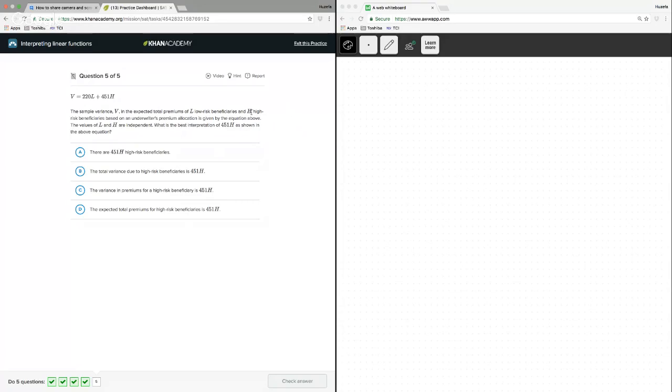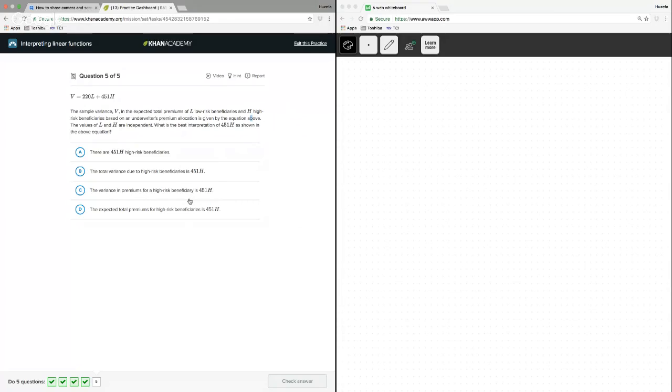The H is probably going to represent the quantity, the amount of high risk beneficiaries. That 451 is some sort of constant that's going to keep amplifying whatever our number of high risk beneficiaries is. A is gone. The total variance due to high risk beneficiaries, it actually could be B. Hold on, let me keep thinking.